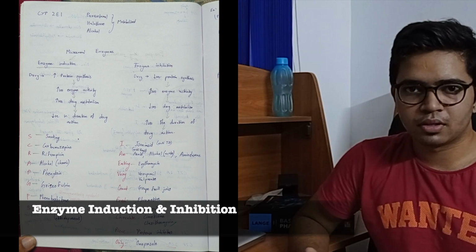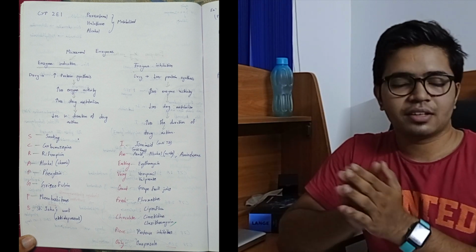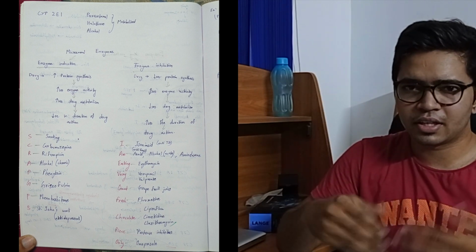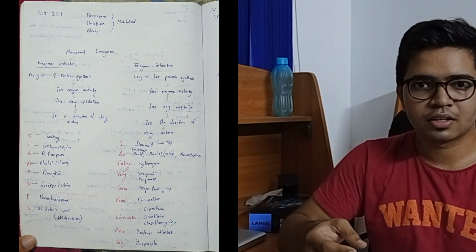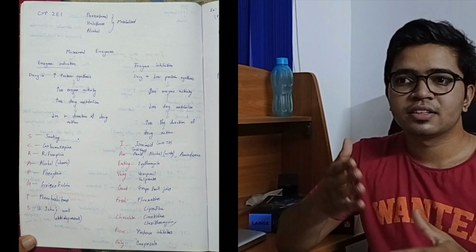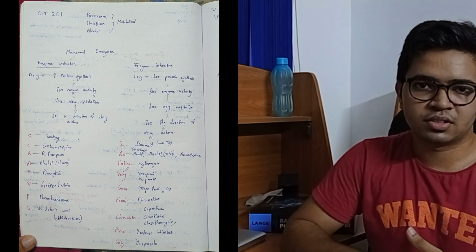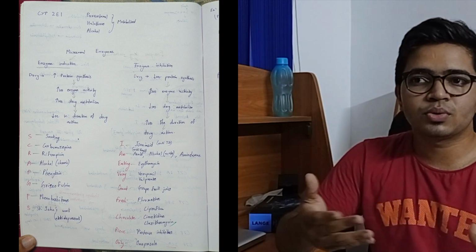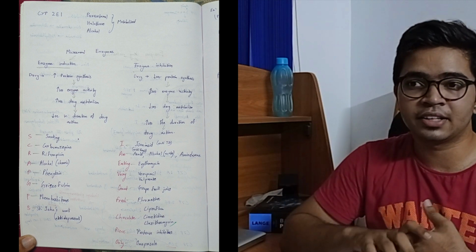You see, microsomal enzymes can be induced, or they can be inhibited. When the enzyme is induced, what actually happens is the drug comes and joins with the cell, and it promotes protein synthesis, and this protein synthesis thereby increases the enzymatic activity.